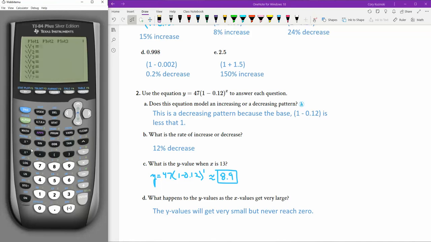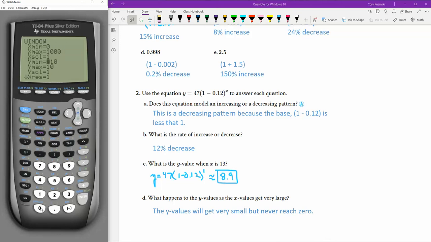Go to y equals, we'll go 47 times 1 minus 0.12 to the power of x. Set our window. We'll start it at 0 for x max. I don't know, what's really big, 1,000?